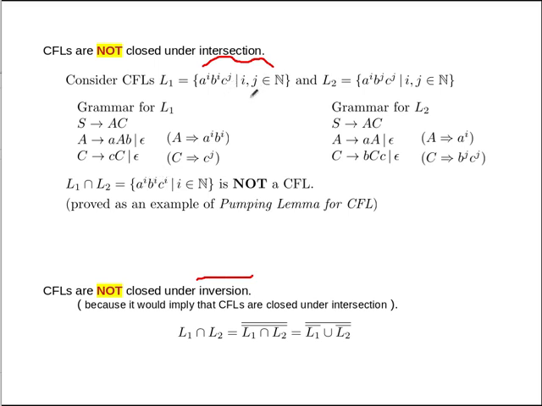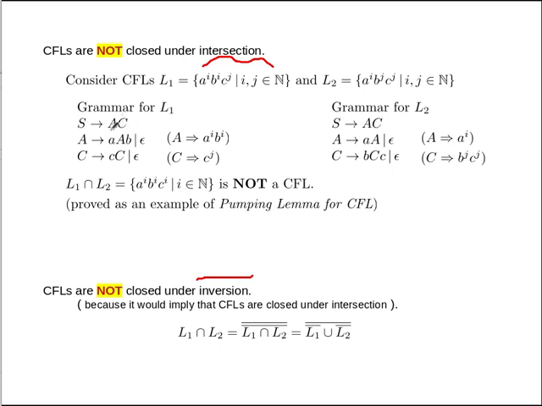And how can we show that these are separately CFLs? This is easy. You see that this part is just the classic CFL, A to the I, B to the I, and then you are just concatenating that with C star. Okay, so if you need the grammar explicitly, this is the grammar. This is just the concatenation of these two things.